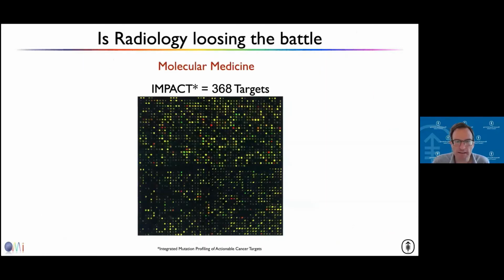Now, if you look at molecular medicine, this is supposed to be, it's not the actual chip, but it's sort of standing in for the IMPACT chip, which is targeting 368 and I think now more actionable targets in the genome to look at mutations which can be acted upon in patients.